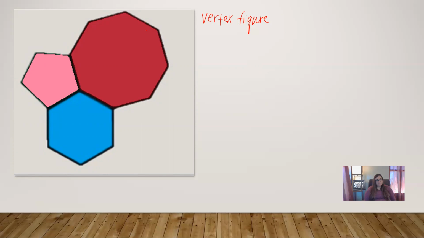So say you have this octagon right here. Well, we all know that an octagon has 8 sides. The hexagon has 6 sides, and the pentagon has 5 sides.